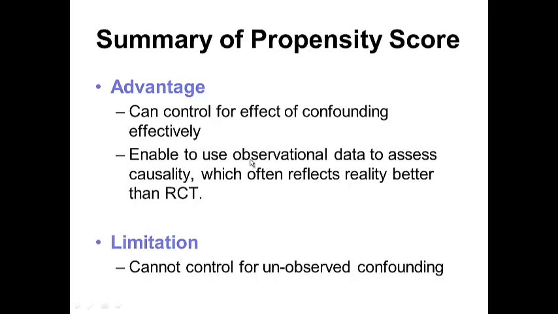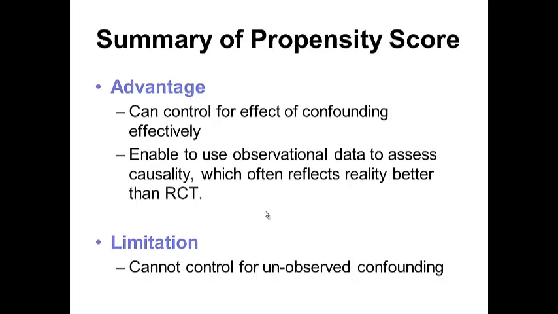And it enables use of observational data to assess causality, which often reflects reality better than RCT. RCT is more of an experimental setting, and there are many weaknesses in RCT.